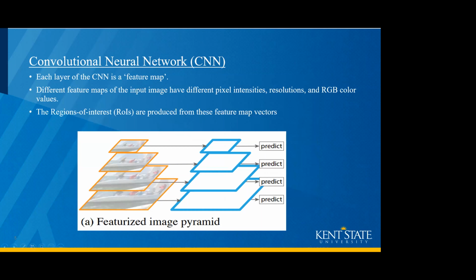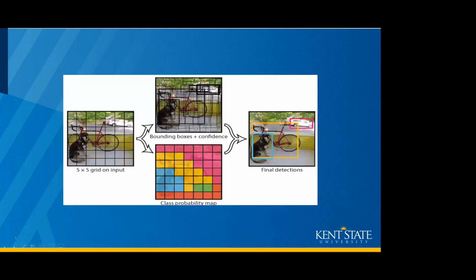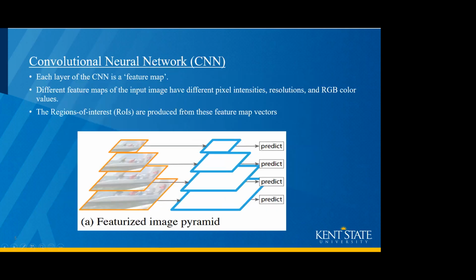Now, adding the deep learning and convolutional neural networks to this is what makes it so it can identify each thing. So I'm going to go back. This process here can be done multiple times, and that is a convolutional layer or a feature map.